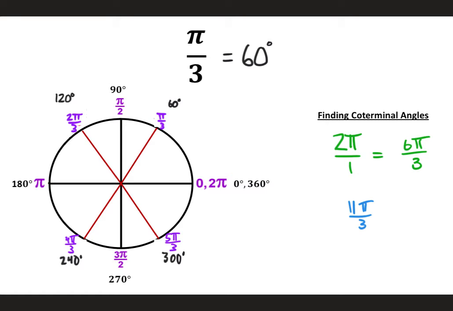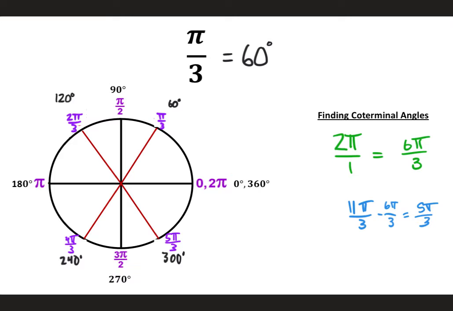So 11 minus 6 would be 5. So we're doing minus 6 pi over 3, right? When we subtract fractions, we subtract the tops, not the bottoms. So 11 pi minus 6 pi is 5 pi over 3. So 11 pi over 3 is the same as 5 pi over 3. So we would use this angle because they are coterminal.